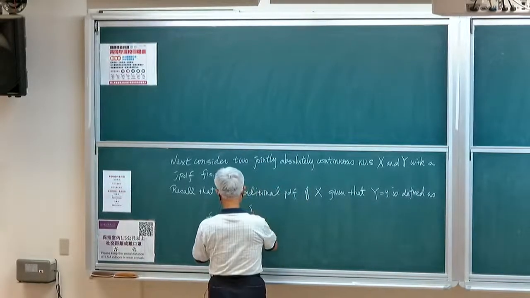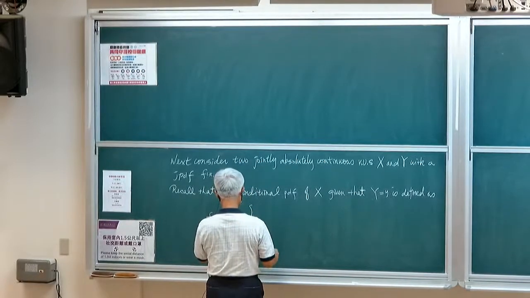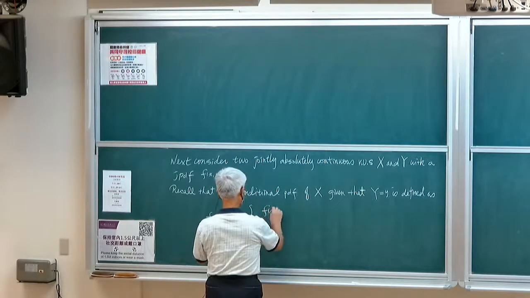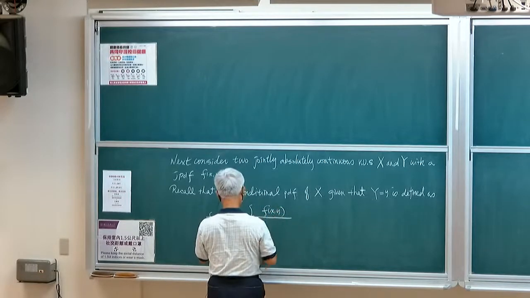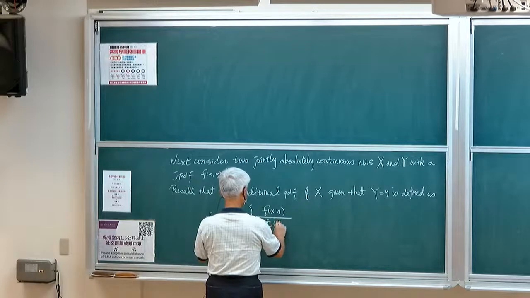In this case, the conditional PDF of random variable X, given that random variable Y equals little y, is the ratio between these two PDFs.